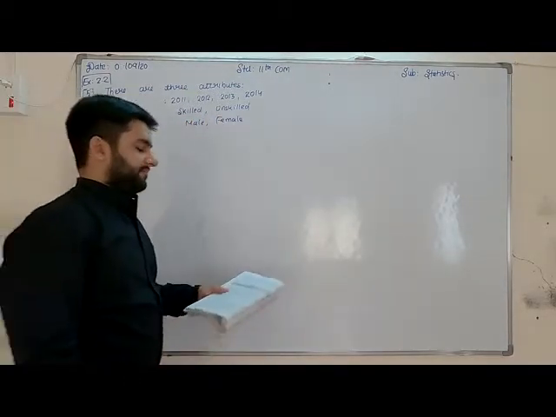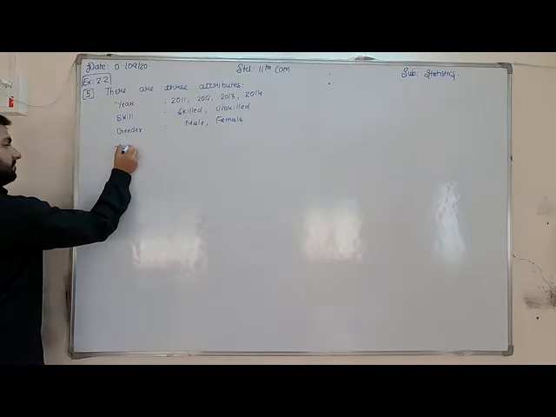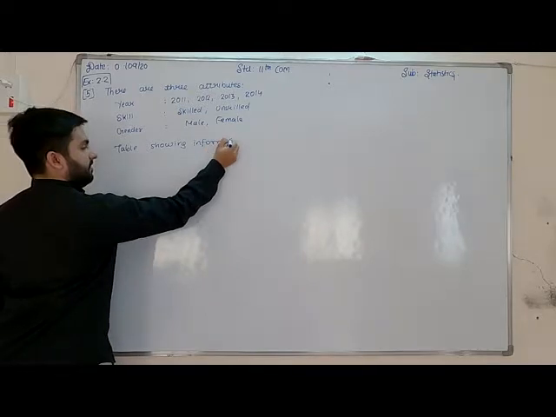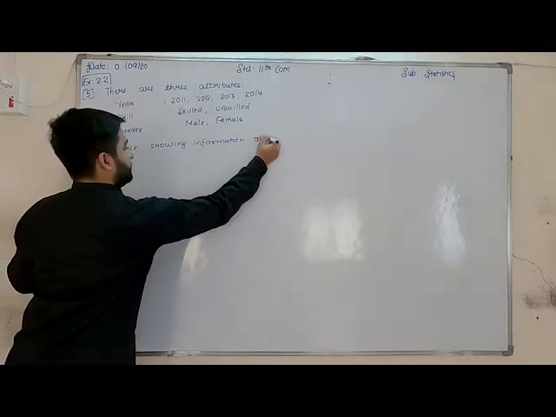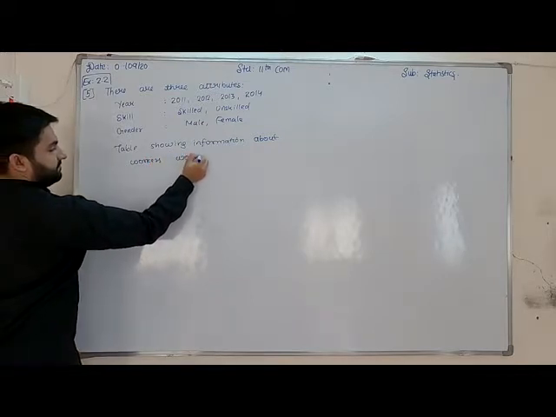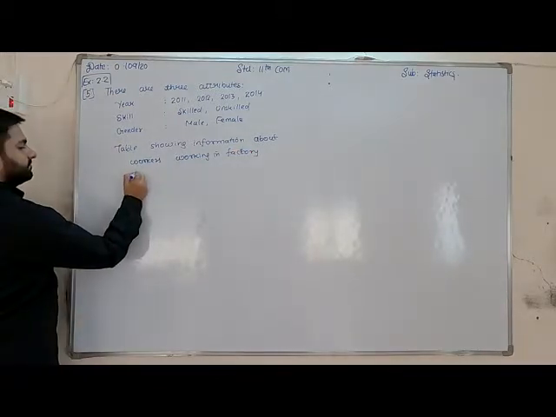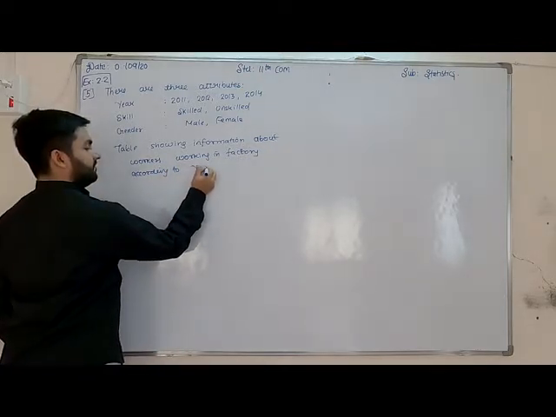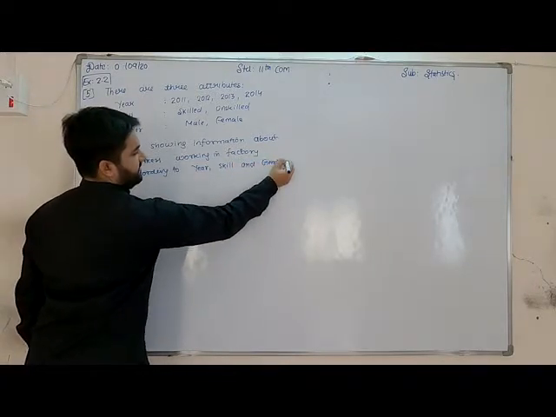Now the heading. In heading, totals will not be shown. Table showing information about workers working in a factory according to year, skill and gender.